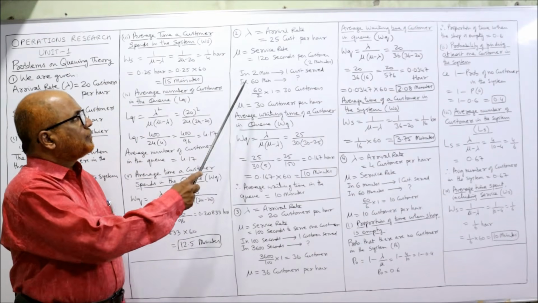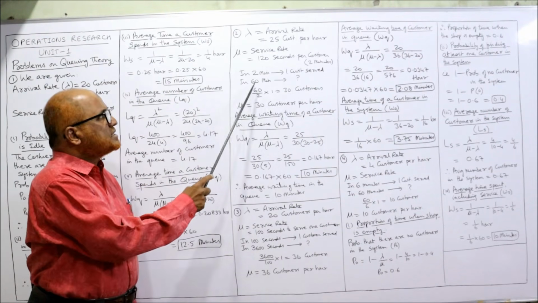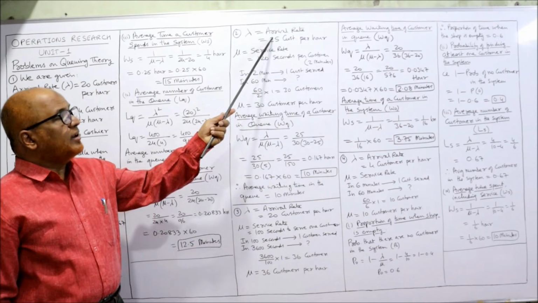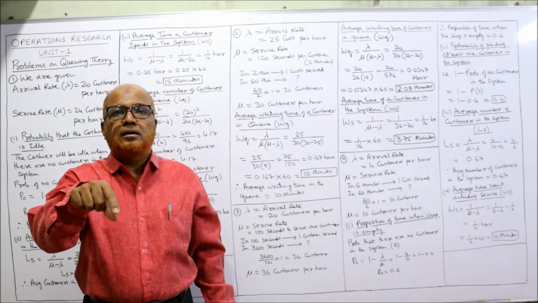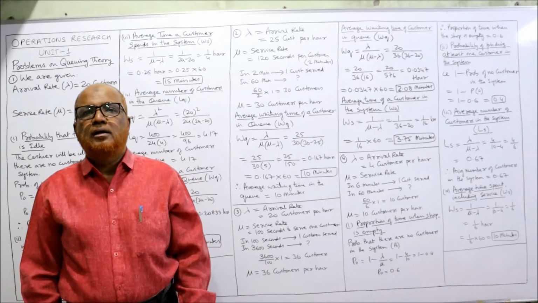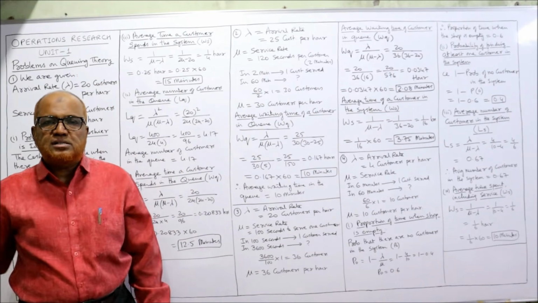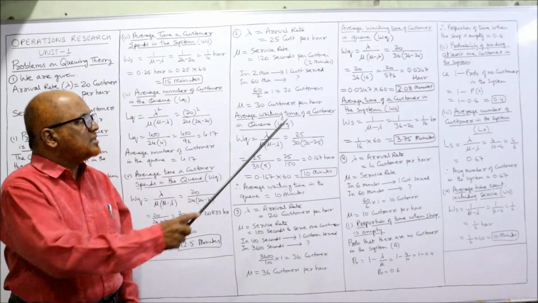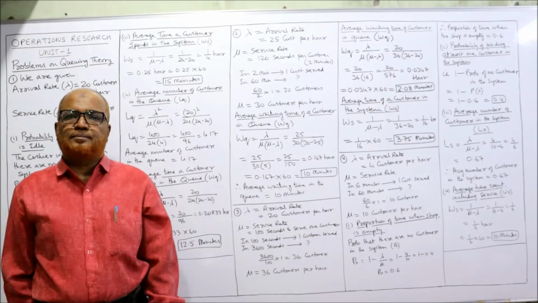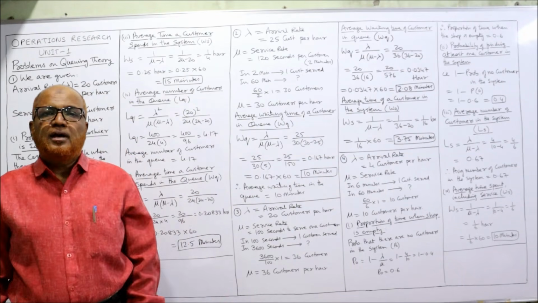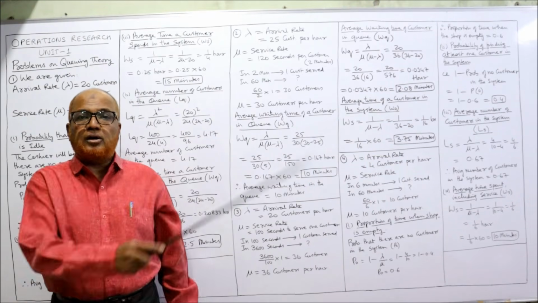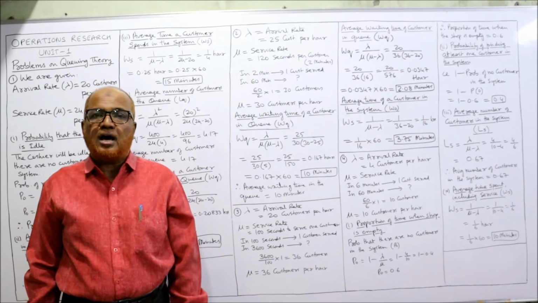So in 2 minutes, one customer is served. Because the arrival rate is given per hour, the service rate is also required per hour. In 60 minutes, how many customers will be served? 60 divided by 2 is 30 customers. Service rate: in 1 hour, 30 customers are served. In 1 hour, 25 customers are arriving.